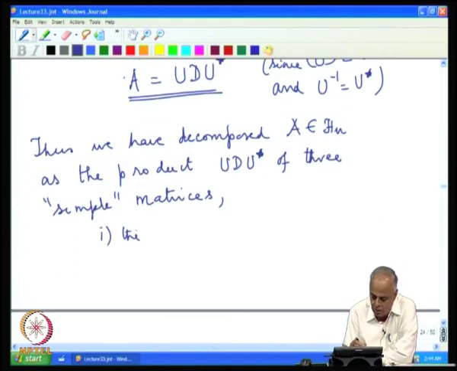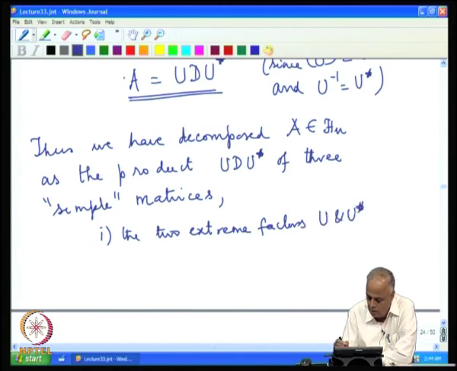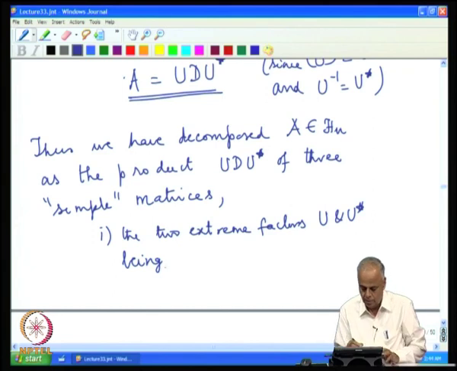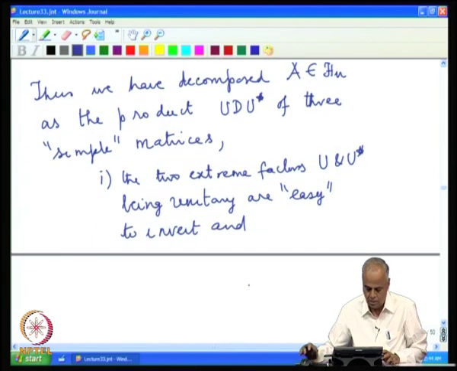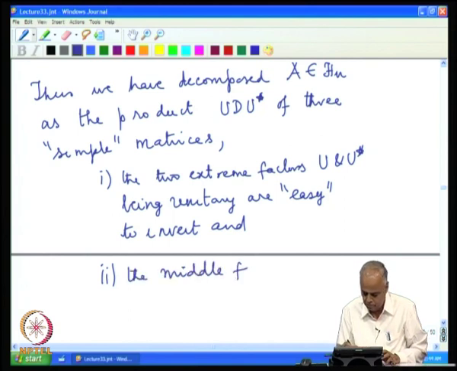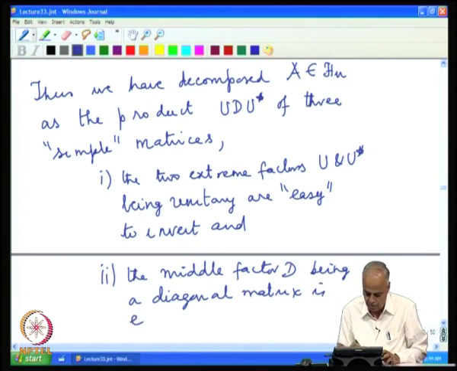The two extreme factors U and U star, being unitary, are easy to invert, and the middle factor D, being a diagonal matrix, is easy to analyze.